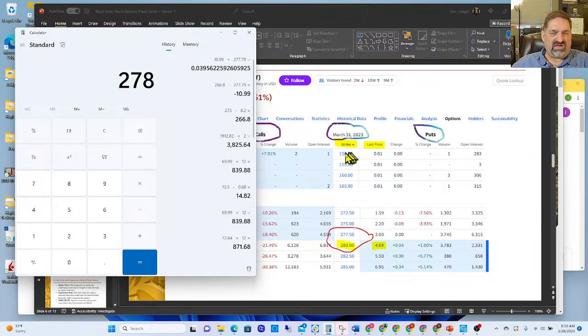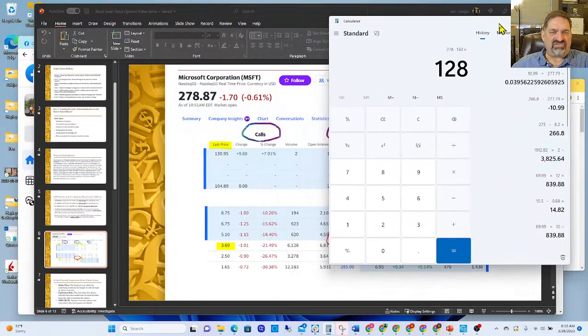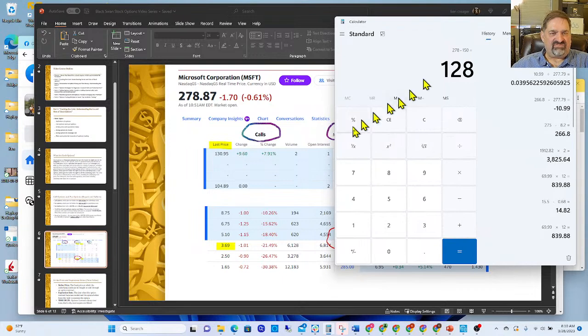And the strike price is 150. So if you bought that call, you could buy it for 150. So 150, it's $128. That's how much intrinsic value. Well, it has some time value, but you see how close that is, 128 to 131 bucks.